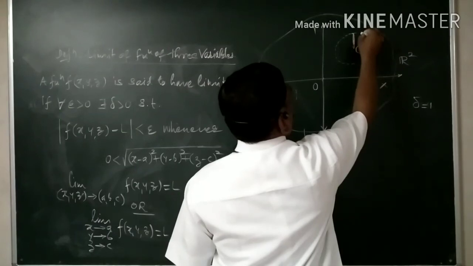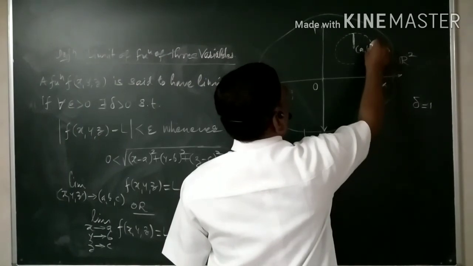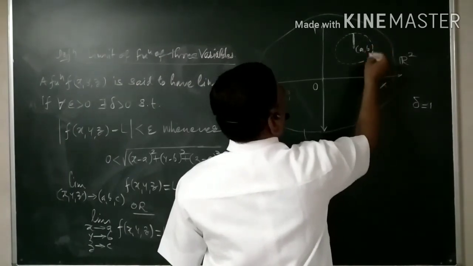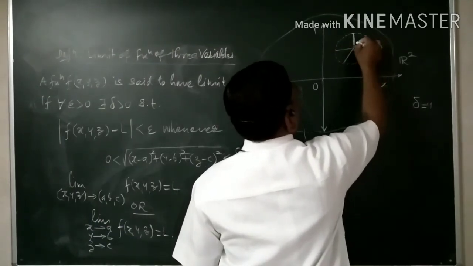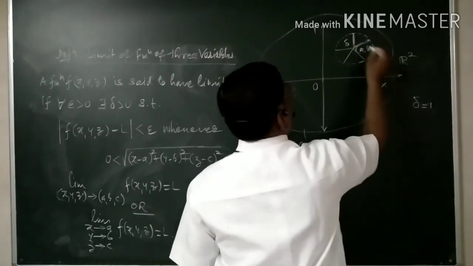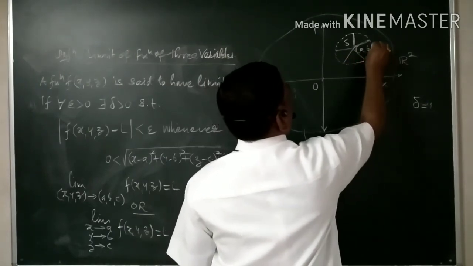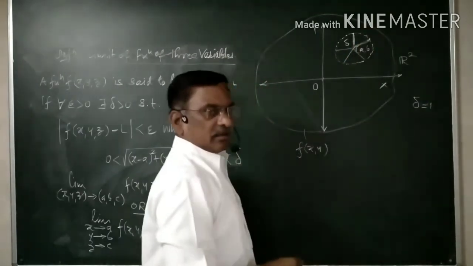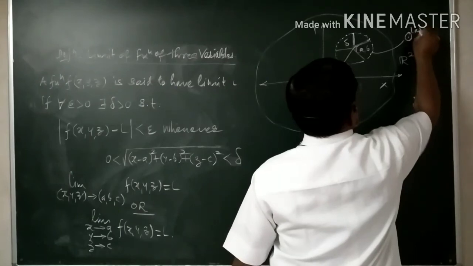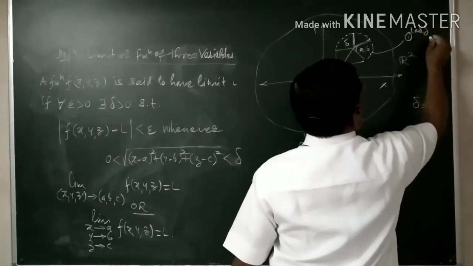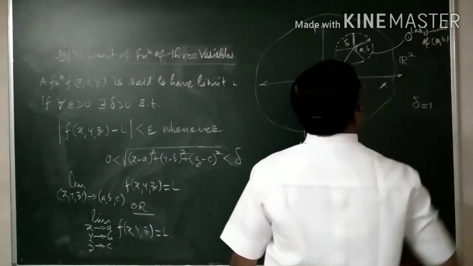then I can have the set of all points which are around this one. This is what we call delta. All these points on the boundary, which I have shown by a dotted line, give a circular delta neighborhood of the point (a, b).